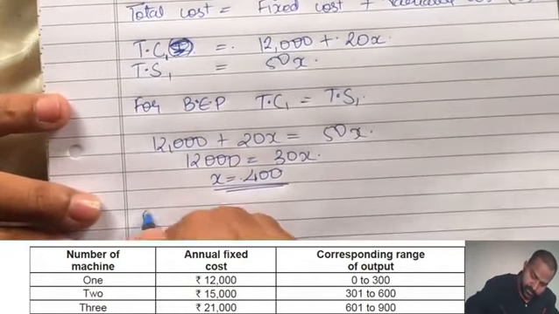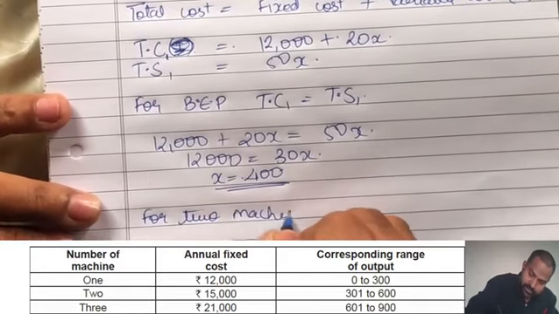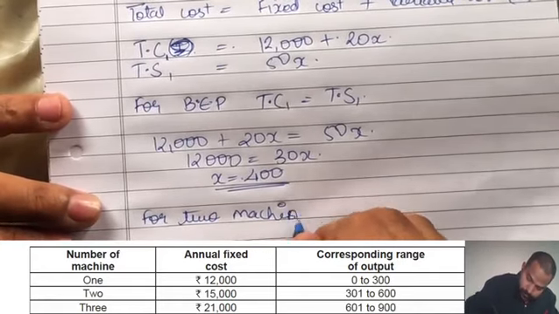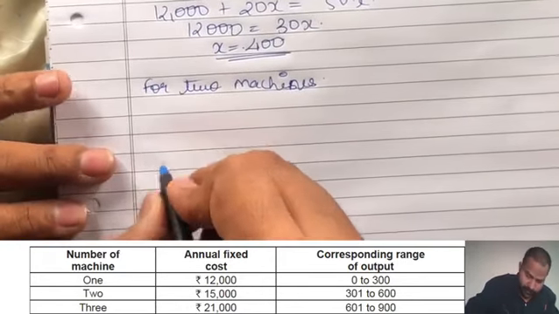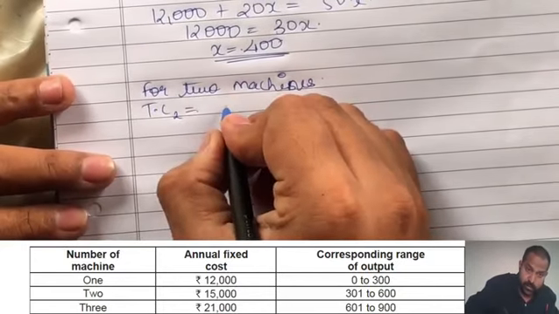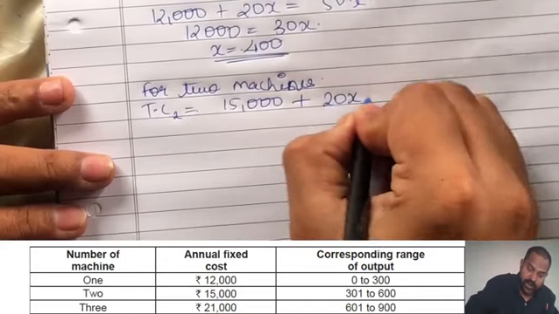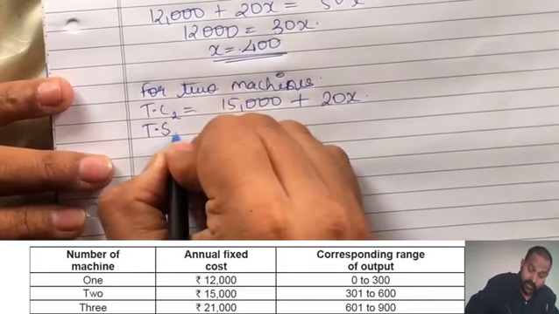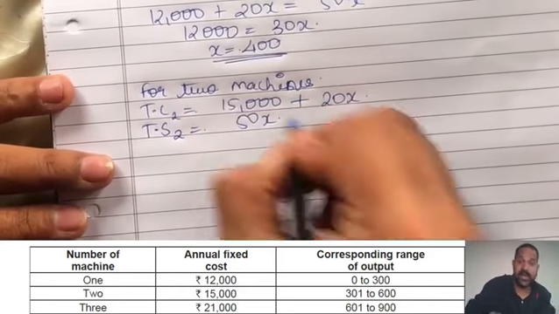Let's go for two machines. For two machines, I am going to say the total cost in two is 15,000 plus 20x, and the total sales in two is going to be again 50x.